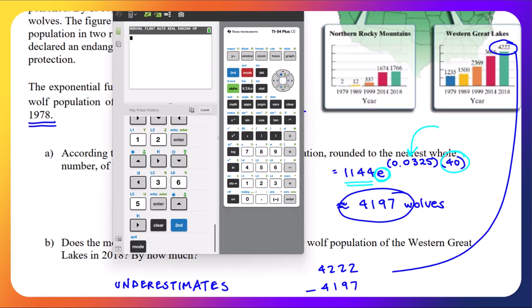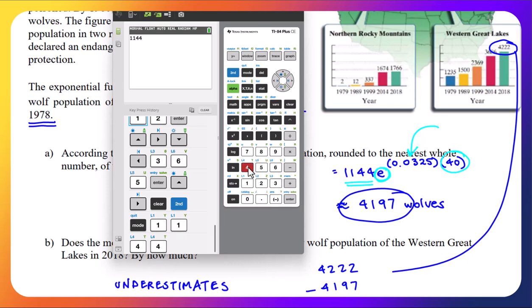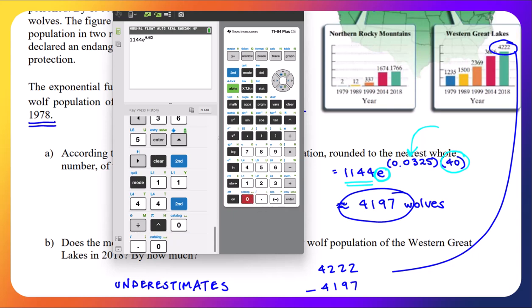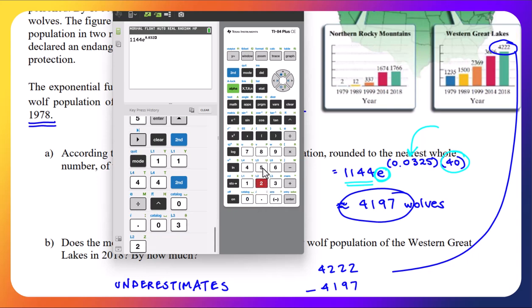Just to make sure you know how to use your calculator for this, we have 1,144. E is found over here on the division key. It's blue, so second, and the division key is E. Caret, there's our exponent, 0.0325 times 40.